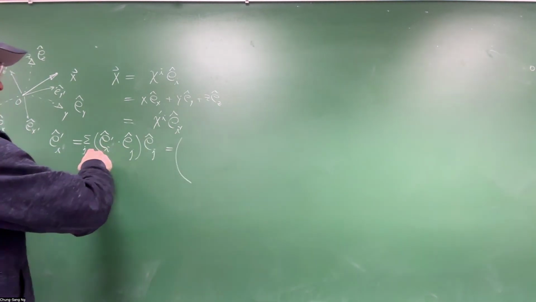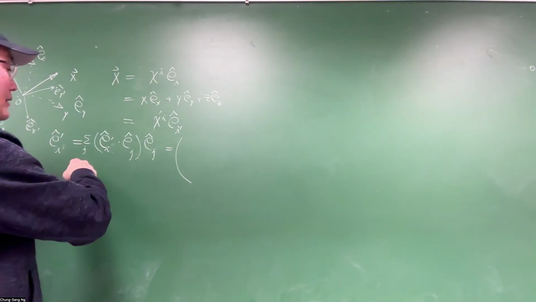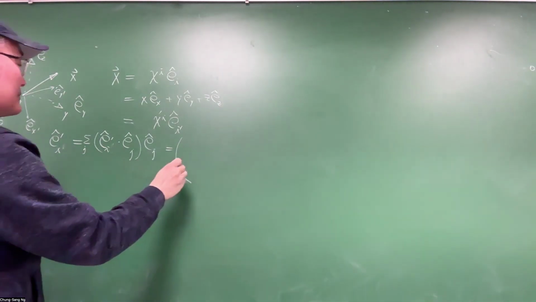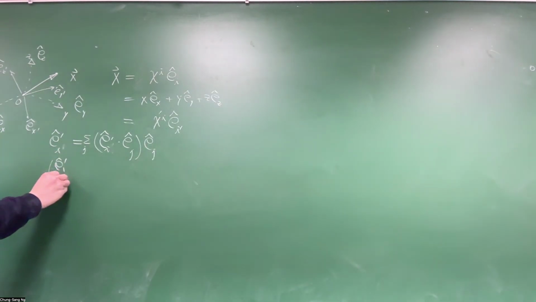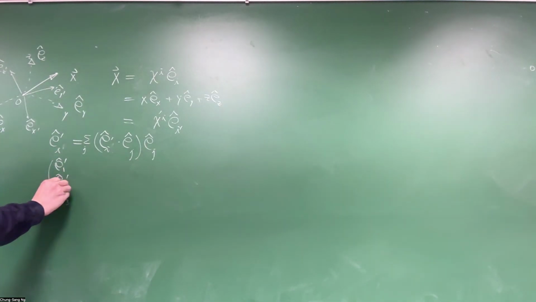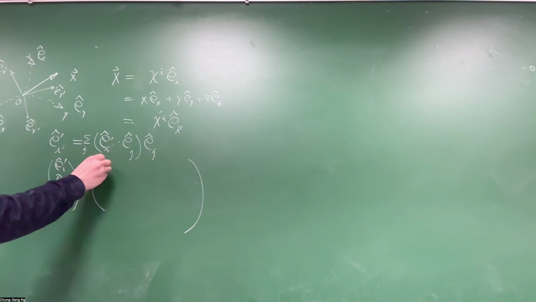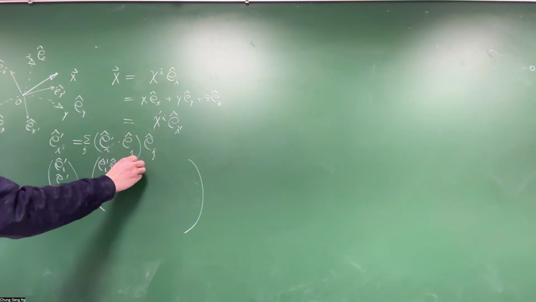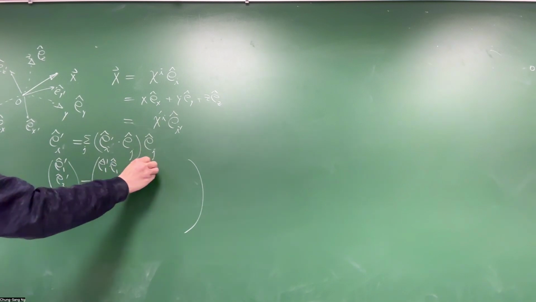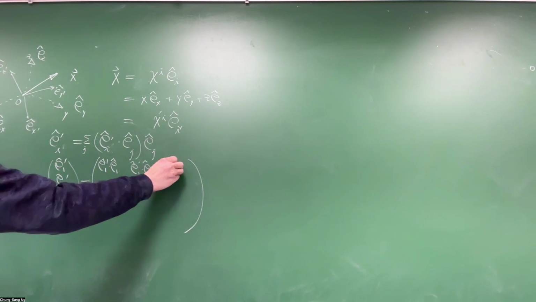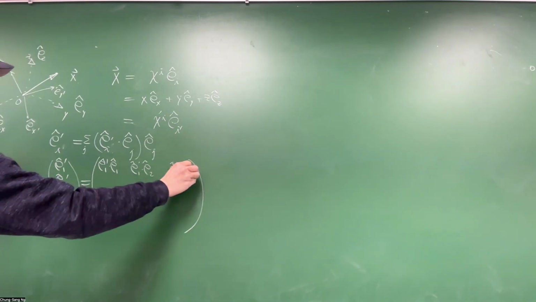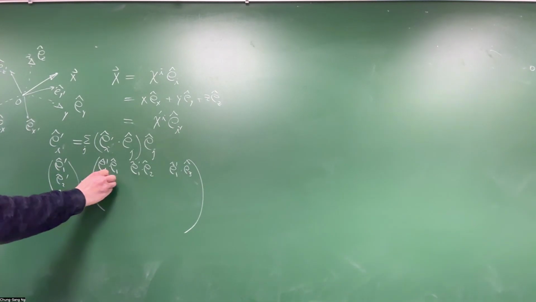So if you write explicitly, you have E1 prime, E2 prime, E3 prime. That's given by this matrix. So the first element is E1 prime dot E1. The second one E1 prime dot E2, E1 prime dot E3. Right? And so on.